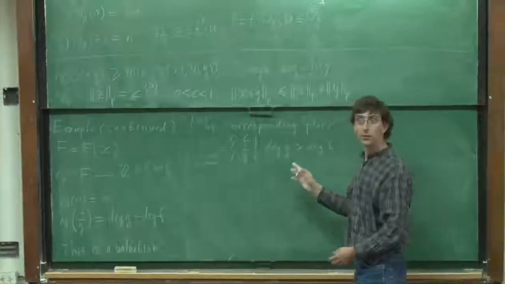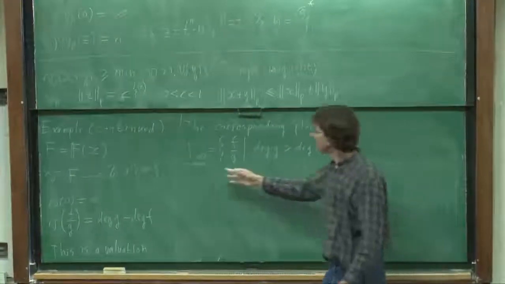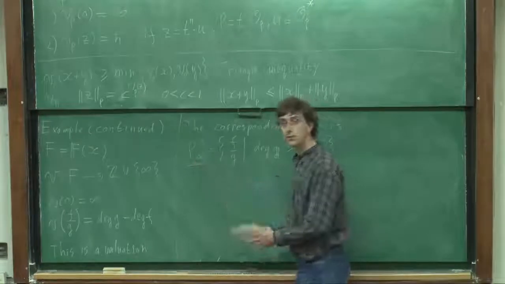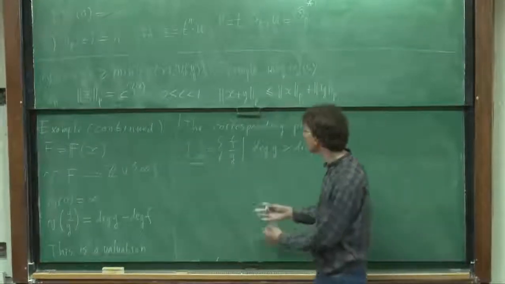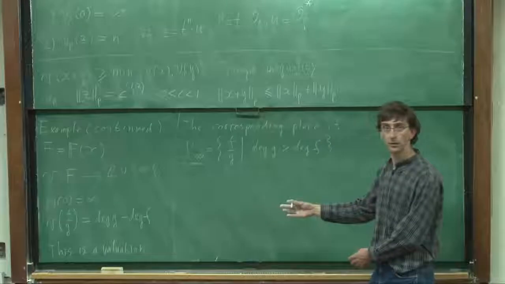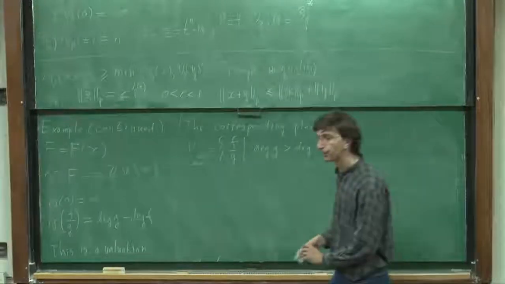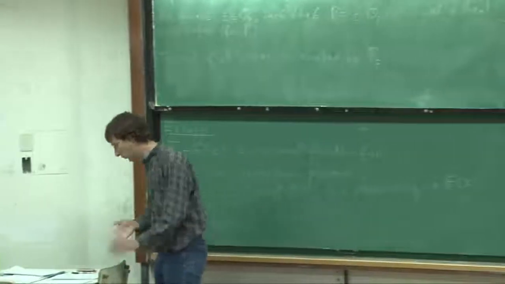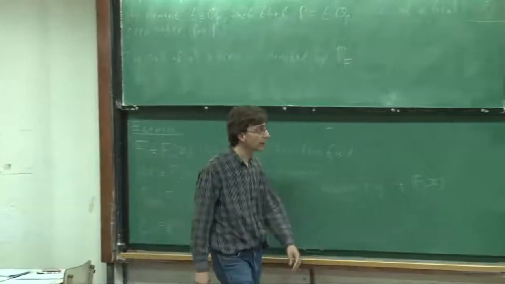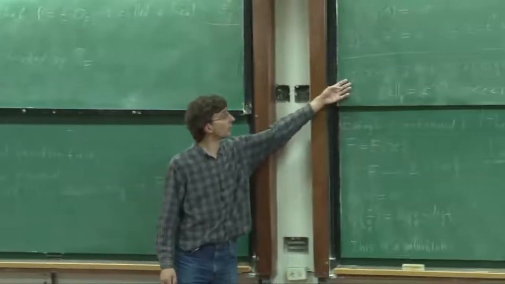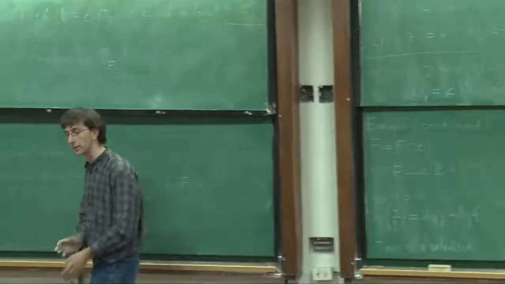Now the special thing about function fields is that this extra one has the same structure again. It's again coming from a discrete valuation. That is not true for Q. But for function fields, there's essentially only one kind of absolute value, namely the ones coming from valuations, called ultrametrics.